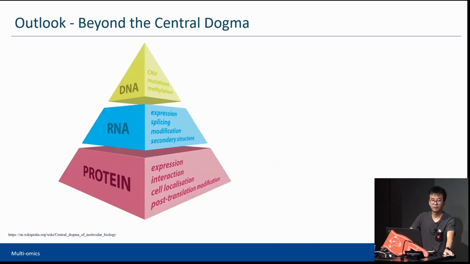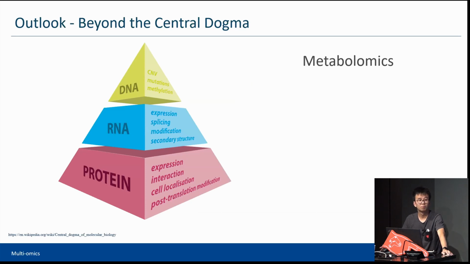So what else can we do beyond the central dogma? The first thing many people might think about is metabolomics. Metabolomics is quite challenging. It's not part of the central dogma because for all these metabolites, you don't really have a sequence, so you cannot map them to protein, RNA or DNA.